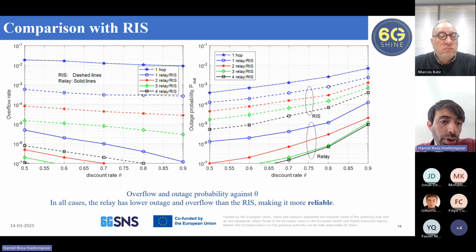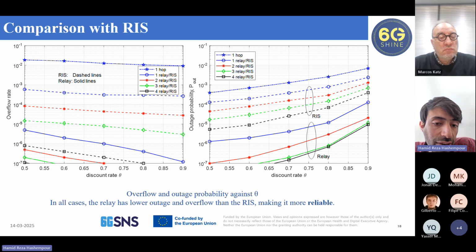On the other hand, for the overflow, we have another comparison. For example, this dashed blue line is related to one relay, and this blue line is related to one RIS. So it's a remarkable gap between the relay and RIS in terms of overflow.